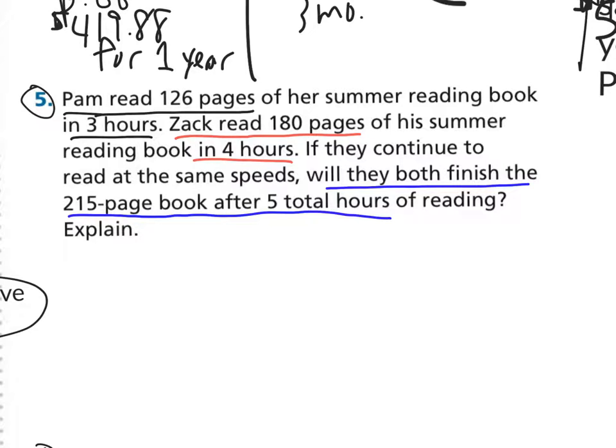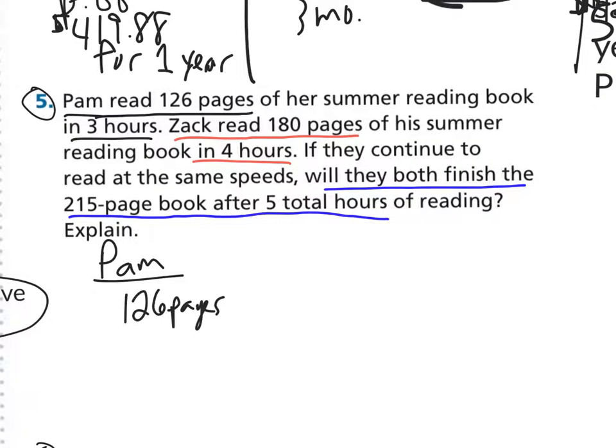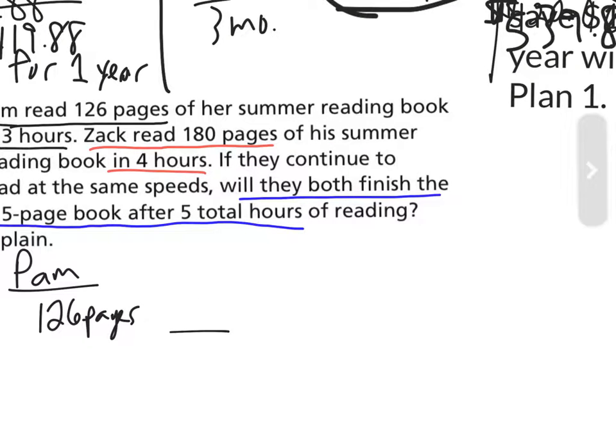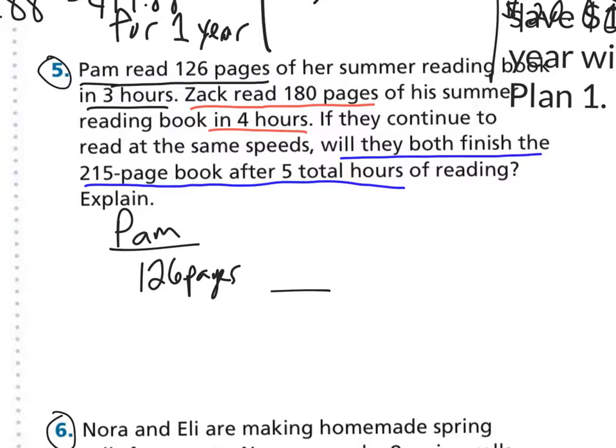So probably a good starting point here would be to find our unit rates, see how much they read per hour. So for Pam, 126 pages in 3 hours. So if you divide that, you get 42.